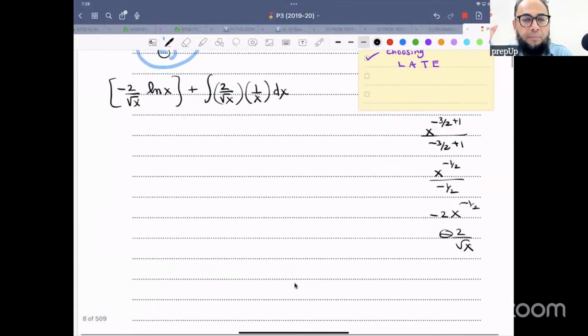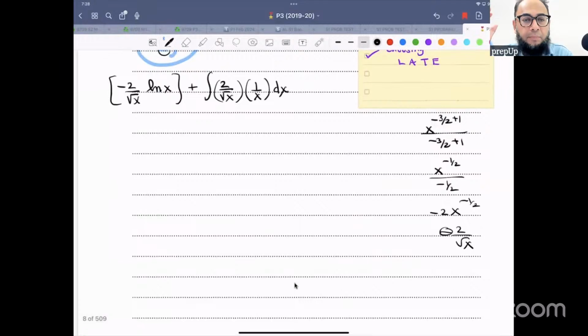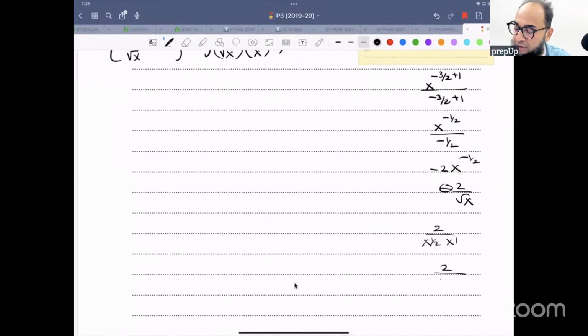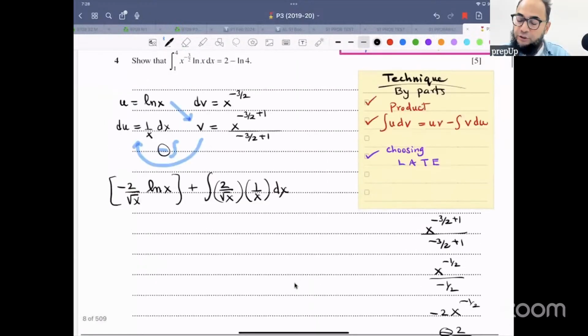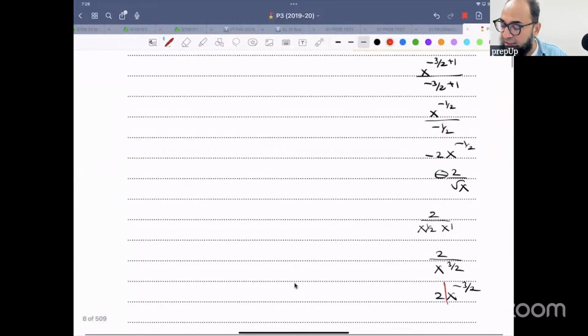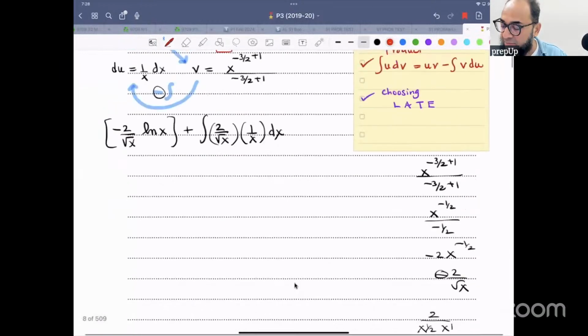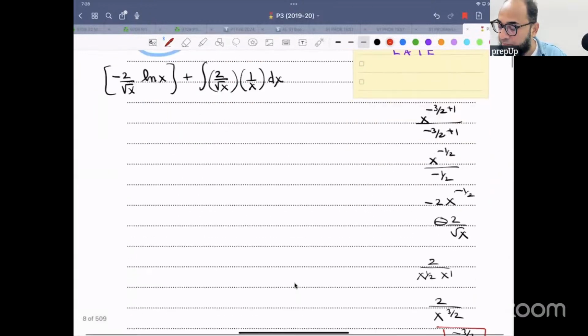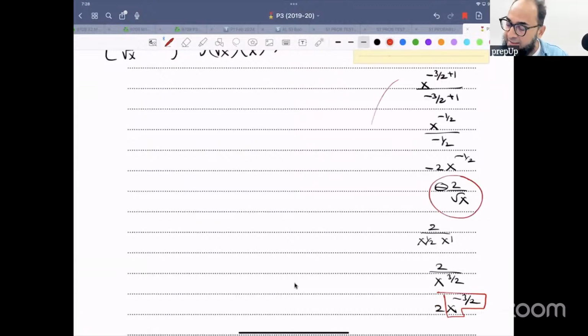Now let me try out over here. This is 2. This is x raised to the power of half. This is x raised to the power of 1. Guess what? This is 2 over x raised to the power of 3 over 2, which is 2x to the minus 3 over 2. Isn't this the same thing as this? Yes, it's exactly the same, except for the 2. So the integral of this is again negative 2 over root x.